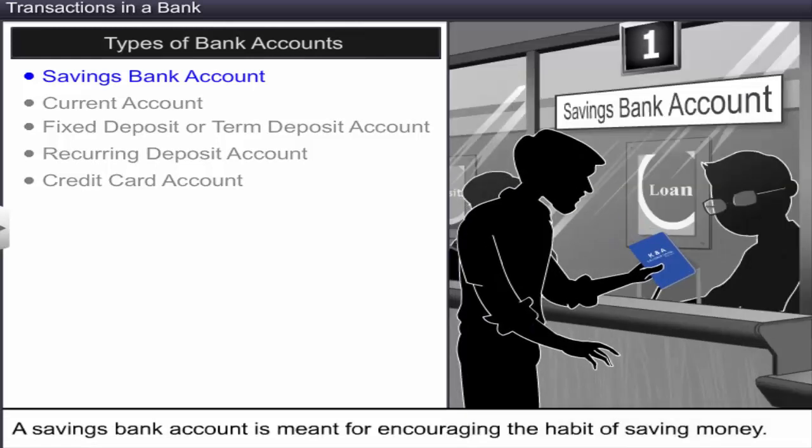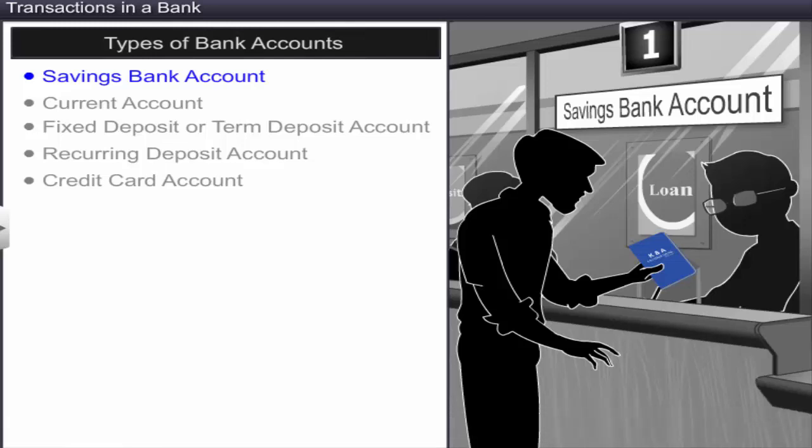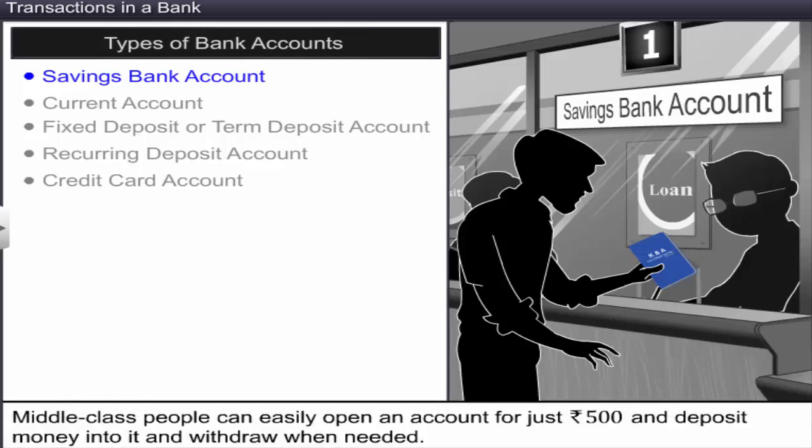A savings bank account is meant for encouraging the habit of saving money. The money deposited in this account can be withdrawn whenever needed. Middle-class people can easily open an account with just 500 rupees and deposit money into it and withdraw when needed.